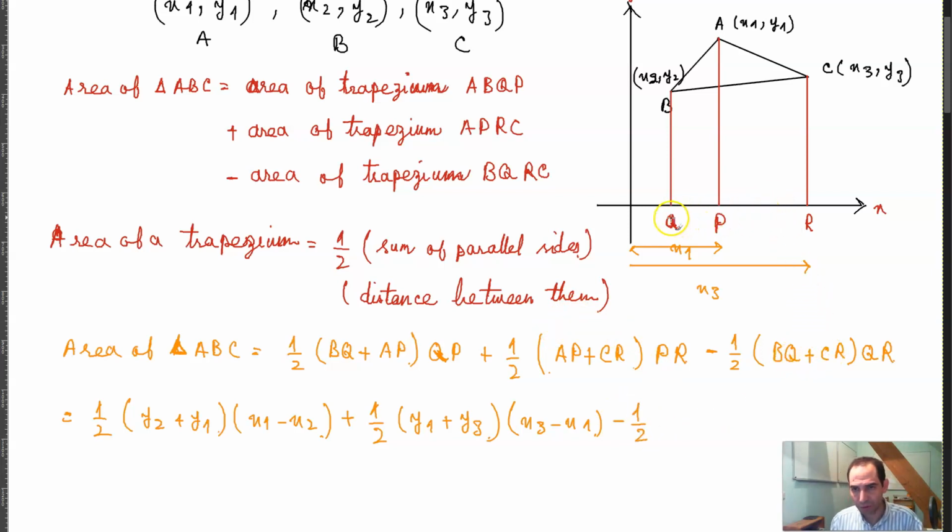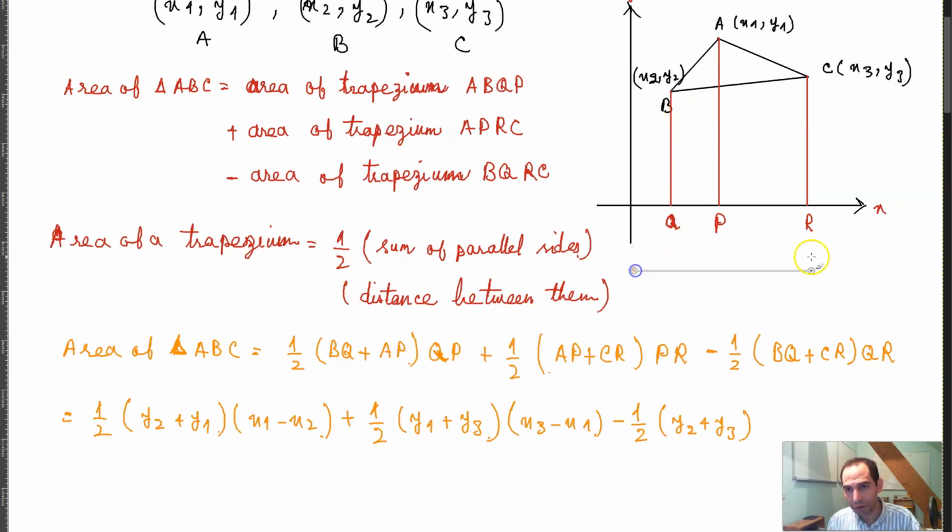BQ is this height, which is y2, and CR is this distance over here, y3, so that's y2 plus y3, and QR is this distance here, which is the distance between x2 and x3.